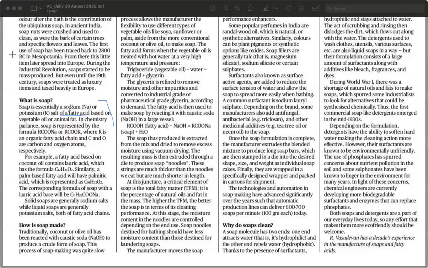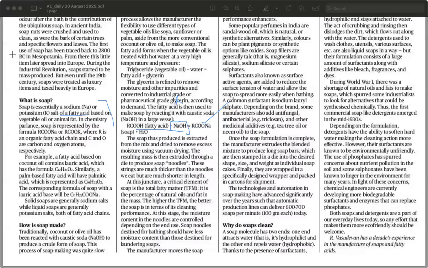And when these fatty acids react with sodium, with caustic soda, sodium hydroxide. Okay, when the fatty acid reacts with sodium hydroxide, or it can also be KOH, potassium hydroxide, the result is soap.